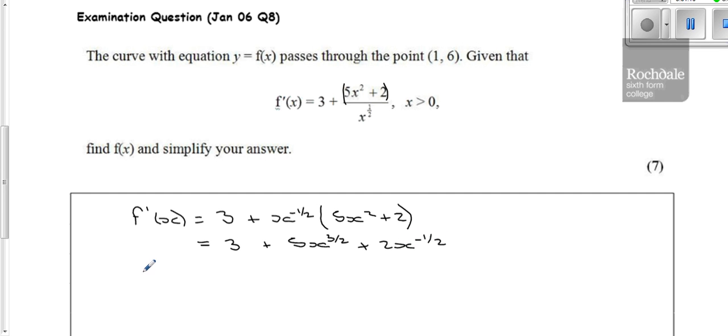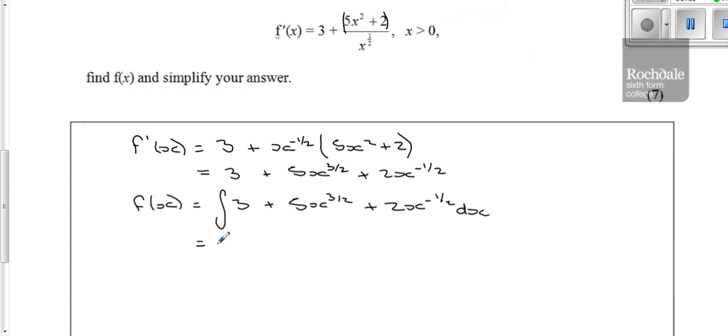So we want to work out what f of x is. So that's telling us to integrate all of this with respect to x. I need to put my dx on the end there.